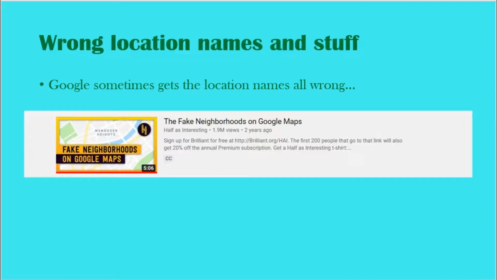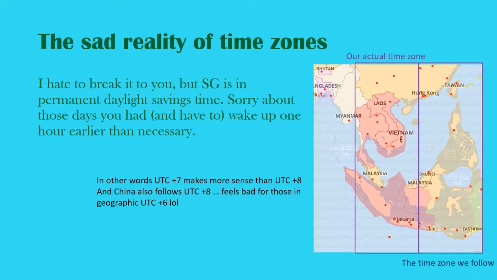Anyways, so the second point under maps is time zones. Time zones are very interesting because by right, if you were to segregate the time zones into nice 12 segments, it should be nice and straight, right?